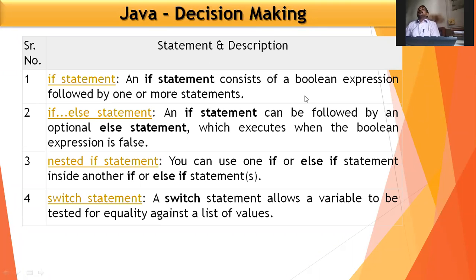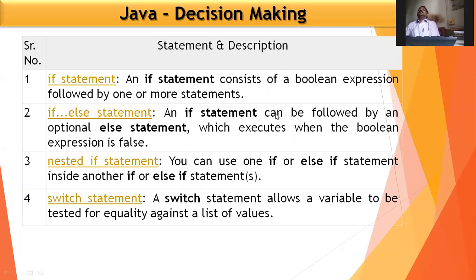An if statement consists of a Boolean expression followed by one or more statements. So if we are using the if statement, it consists of a Boolean expression, and it may have one or more statements. So this is a very simple if, which does not have any else statement.